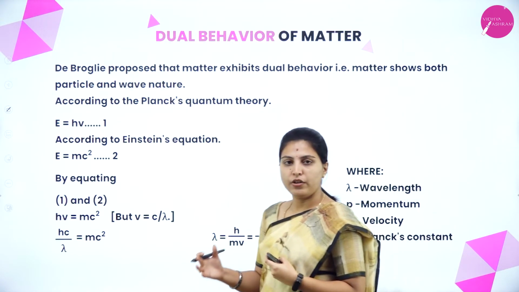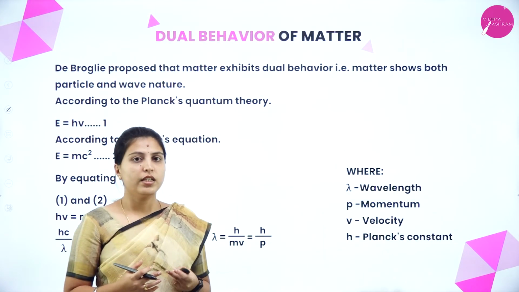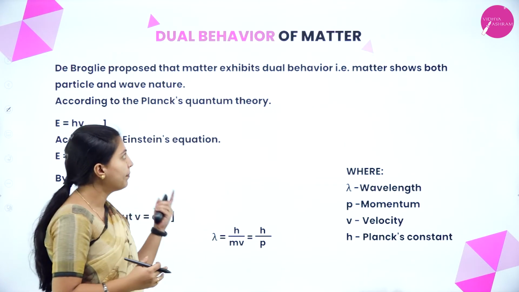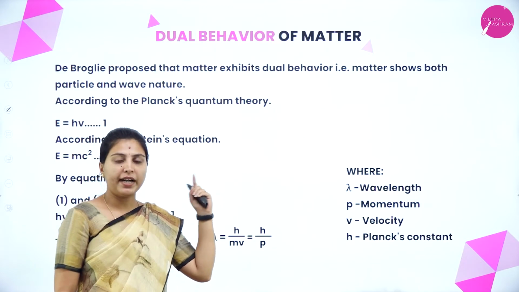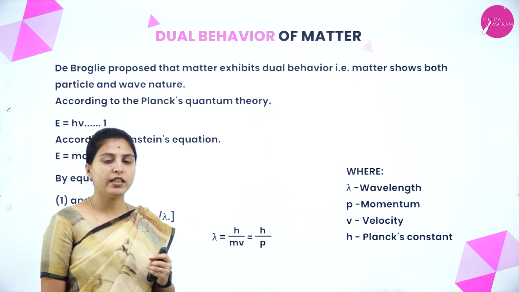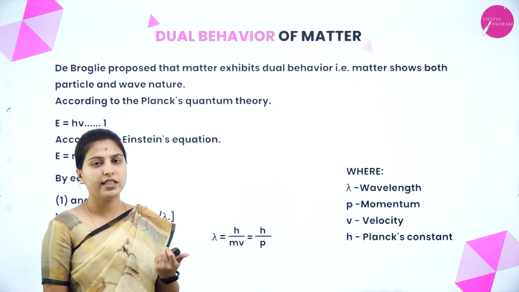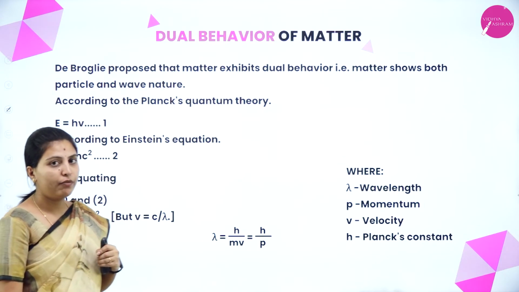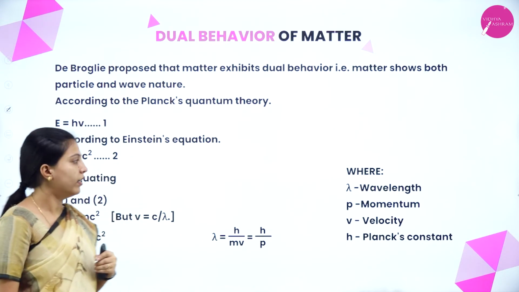After this failure of Bohr's model, some experiments using Planck's quantum theory showed that matter has a dual nature. What do we mean by the dual nature of matter? Matter acts as a wave and also as a particle.